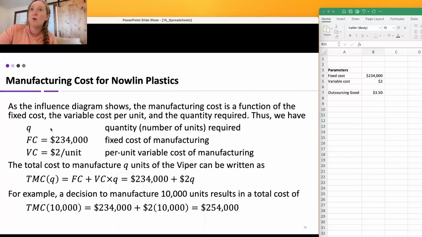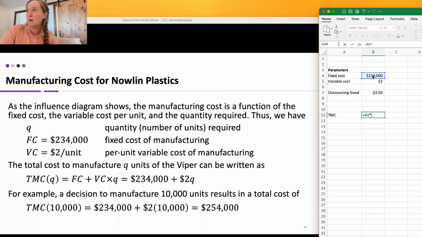Okay, so here we have originally all of this type of information, right? We have 234,000 plus our variable cost. Let's say this is our total manufacturing cost, which is going to be equal to our fixed cost plus this $2 times how many units.